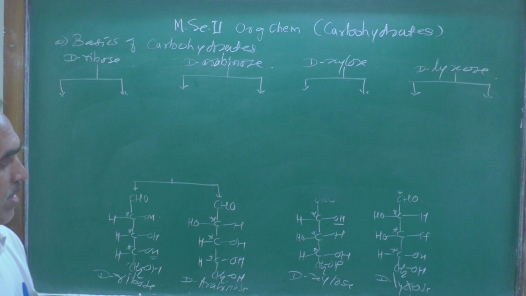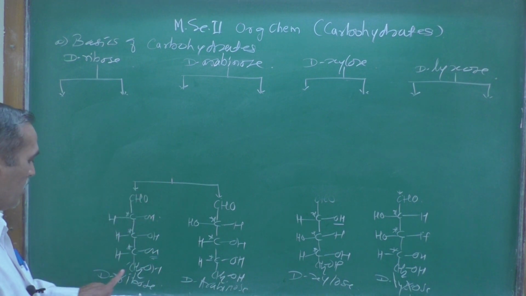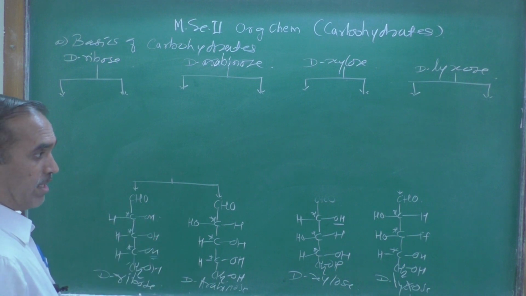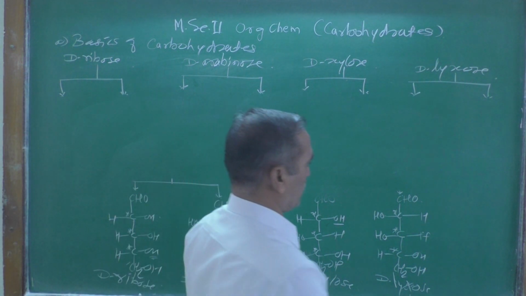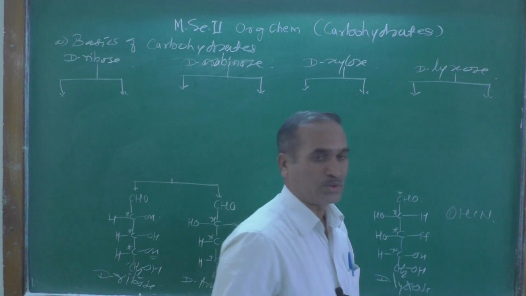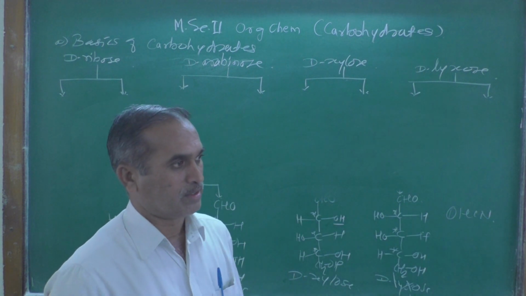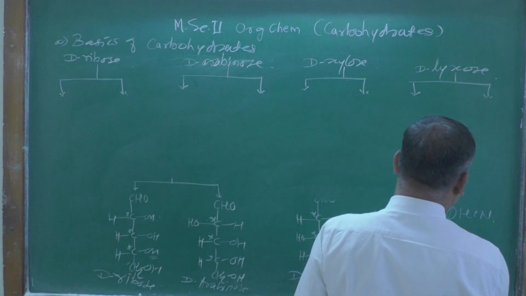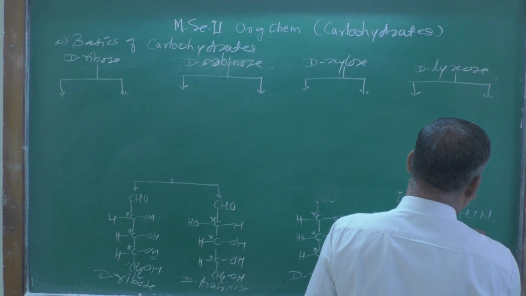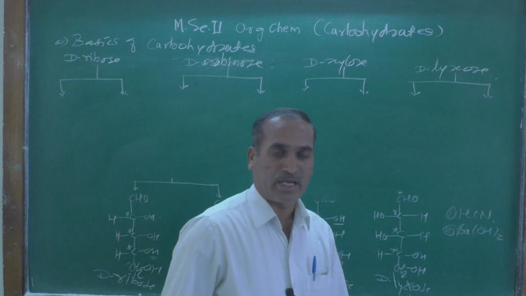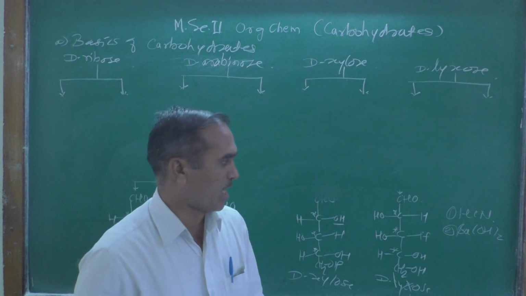So let us see how we are going to get them. It's very easy. We know D-ribose, right? First we are going to add hydrogen cyanide. You are going to get 2 diastereomeric cyanohydrin derivatives, and those derivatives we are going to treat with barium hydroxide, which converts the cyanide group into an acid.